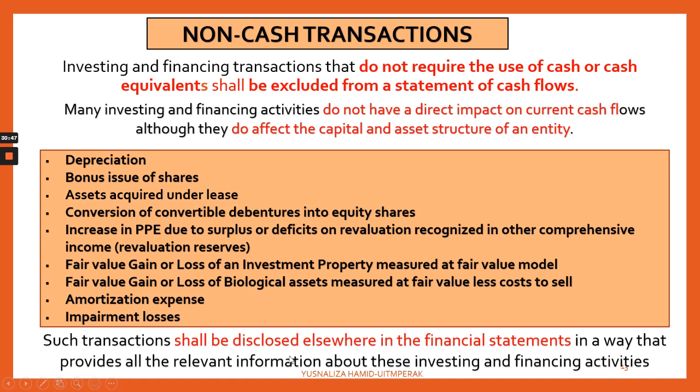Such transactions shall be disclosed in the financial statements, but not in the cash flow. They might be disclosed in the statement of changes in equity, statement of profit or loss and other comprehensive income, and statement of financial position, but not in the statement of cash flow, so that we provide relevant information about these investing and financing activities.